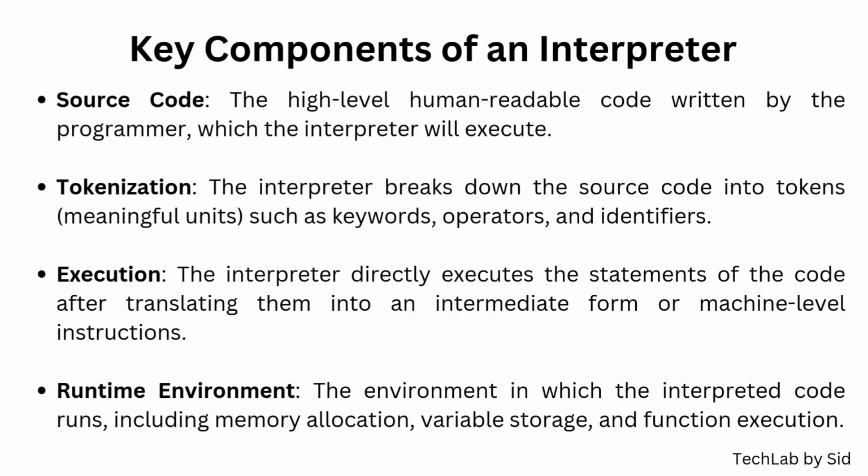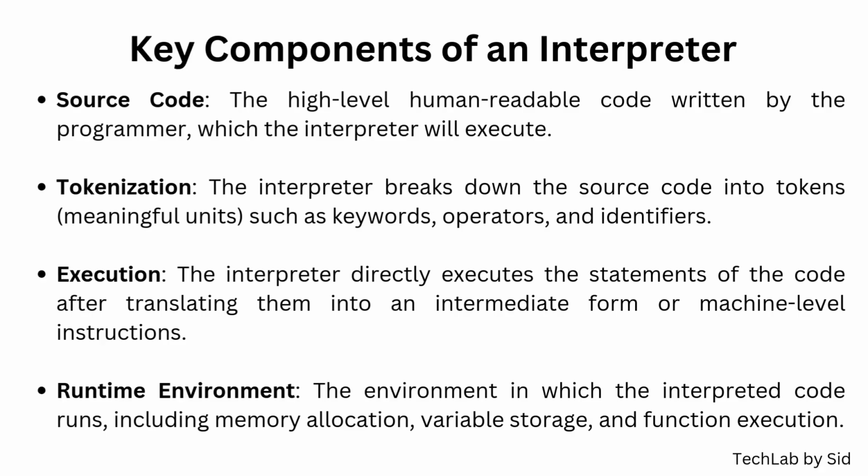Key components of an interpreter. Source code. The high-level human-readable code written by the programmer, which the interpreter will execute. Tokenization. The interpreter breaks down the source code into tokens, or meaningful units, such as keywords, operators, and identifiers.